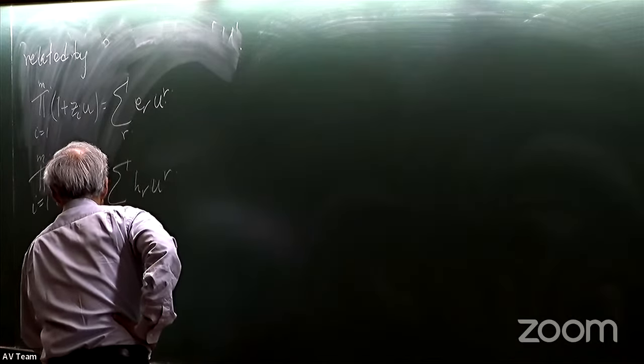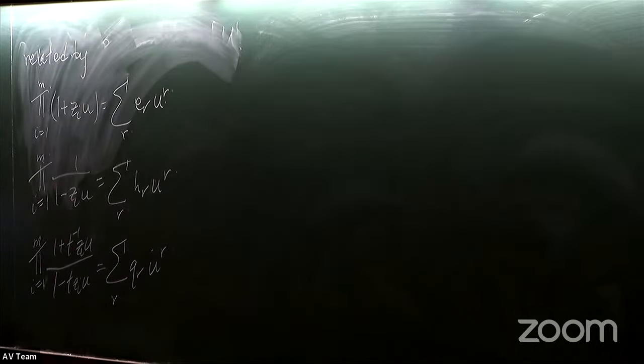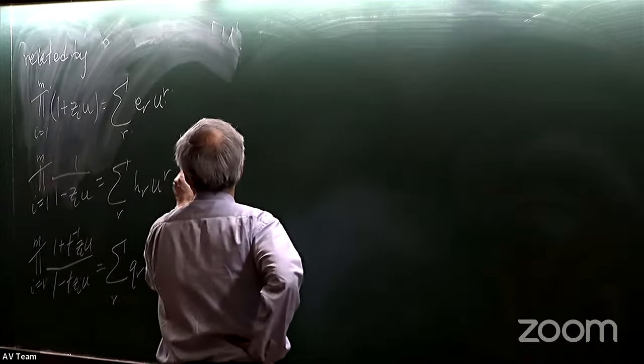And if I'm trying to work with symmetric functions, some days I like to work with the elementaries, and some days I like to work with the homogeneous, and I have methods for converting from one to the other.